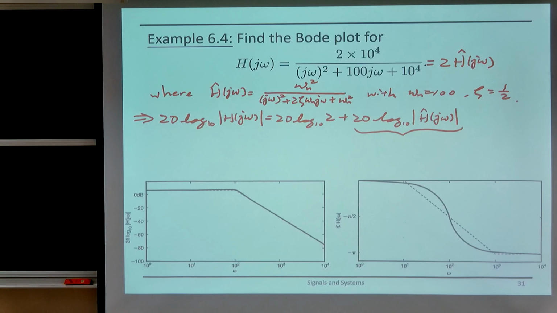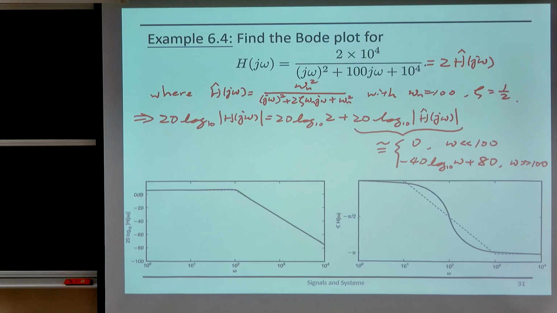So for a second order system, we know that it can be approximated by this 0 dB line when omega is much smaller than omega n, which is 100, and can be approximated by a 40 dB per decade line, which is minus 40 log 10 omega plus 80 for omega much greater than 100.